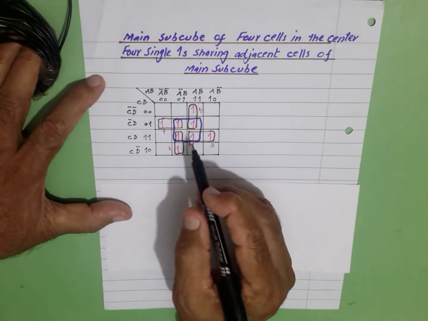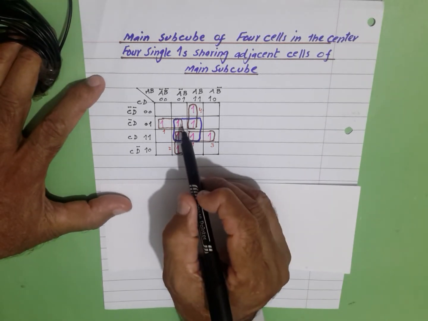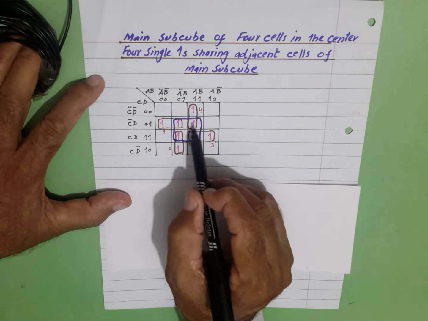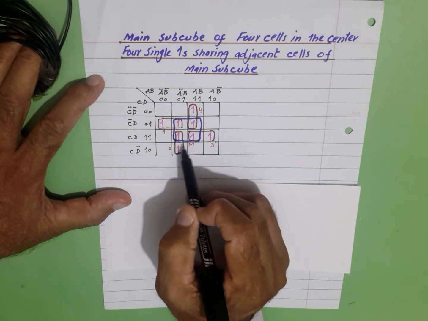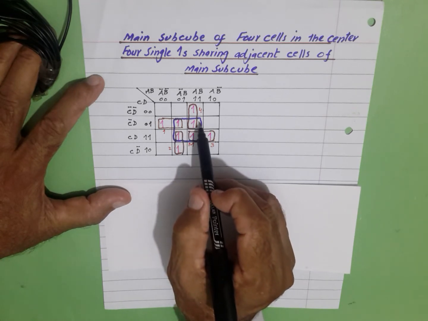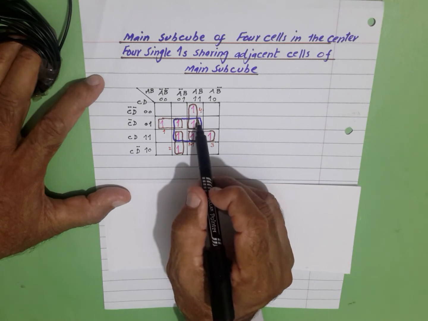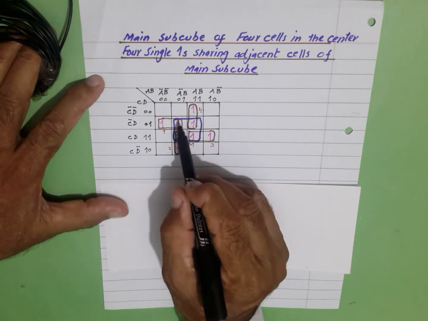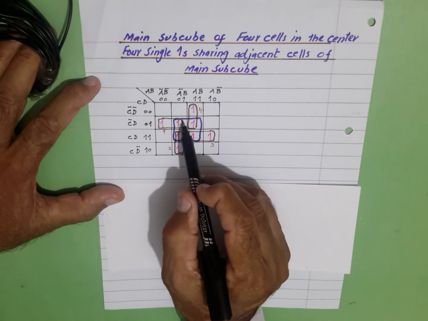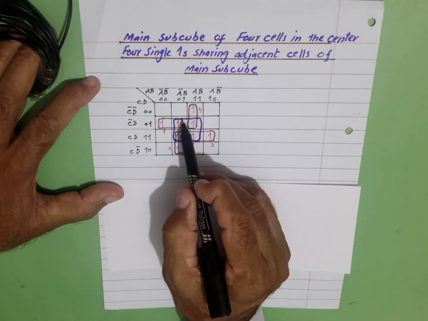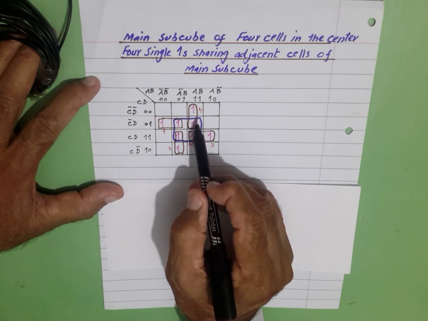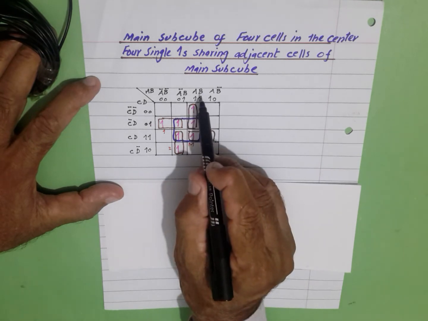First we write main. Main is vertically with the blue lines, 4 ones, a main subcube in the center, and let us write the equation going vertically in the vertical column. From this column to this column, B is not changing.